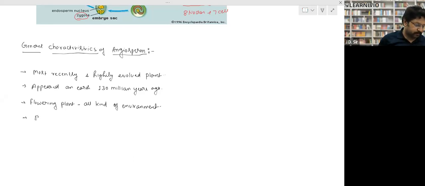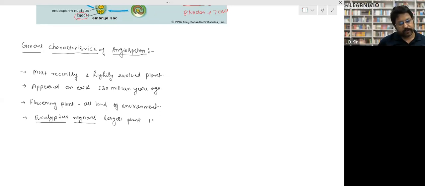Let me write the spelling now. Eucalyptus regnans is the largest plant with 114 meter height.